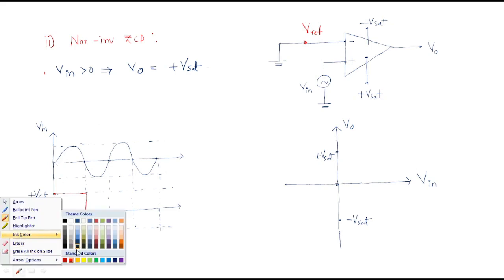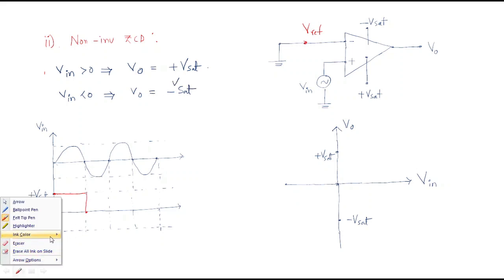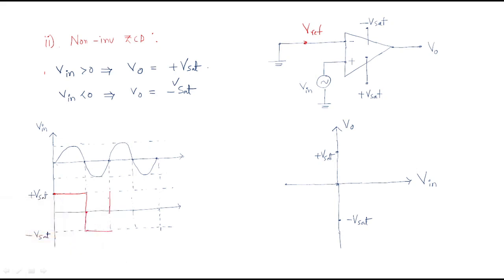Next, when V input is less than 0, the output must be the negative saturation voltage. Negative saturation voltage means the output is like this. This is the positive saturation voltage and this is the negative saturation voltage. So when the input is given to the positive terminal, the output is plus V saturation, otherwise minus V saturation.